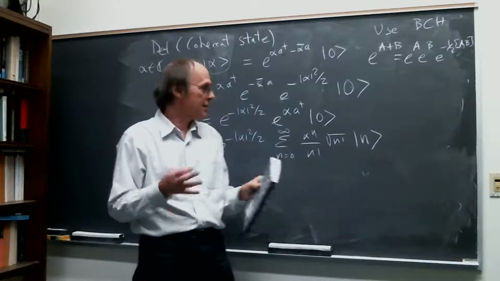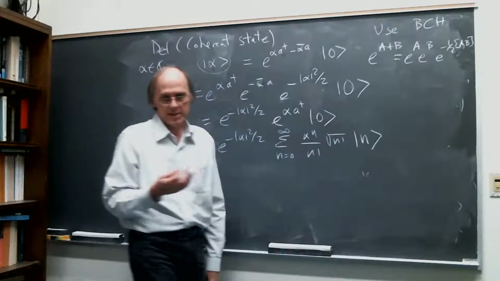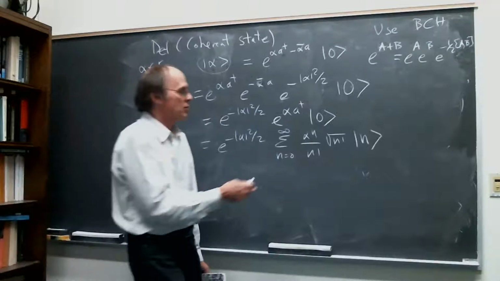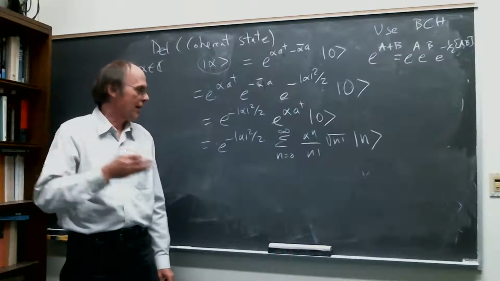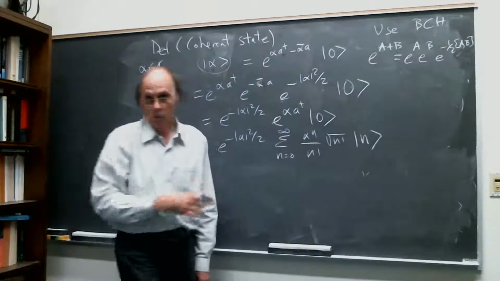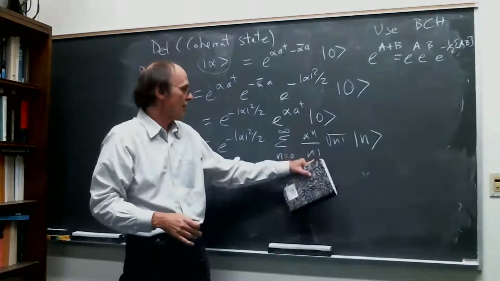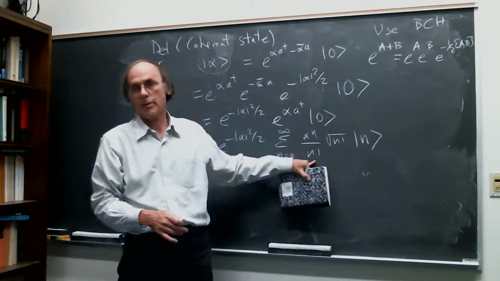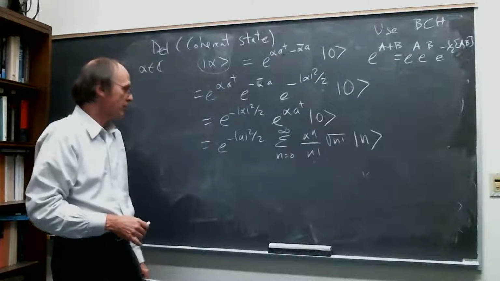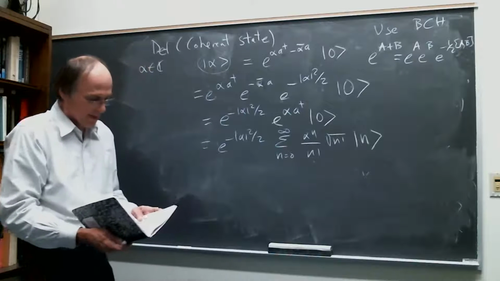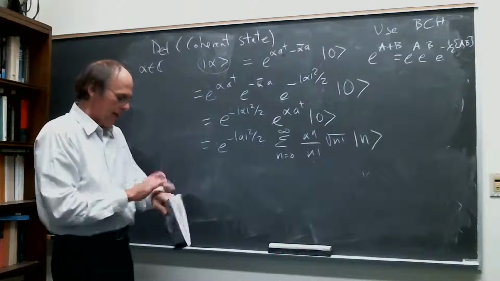These are states that don't correspond to a fixed number of quanta, but they have arbitrarily large numbers of quanta in them, with coefficients that get smaller and smaller as you go up.